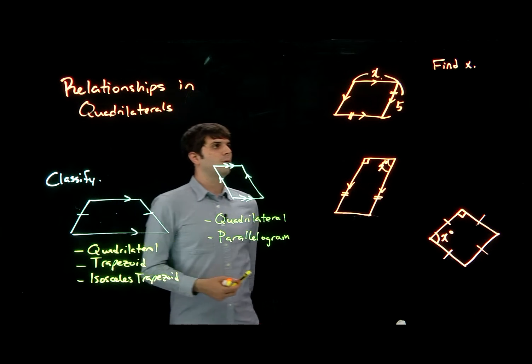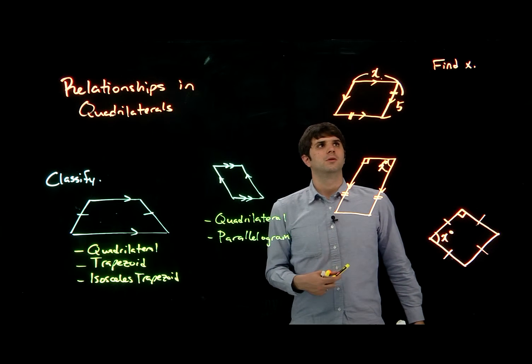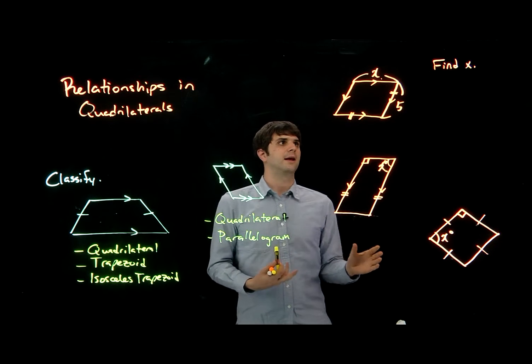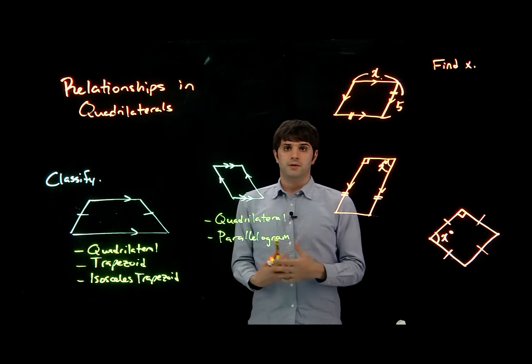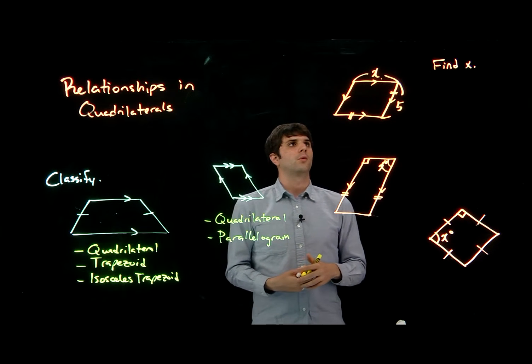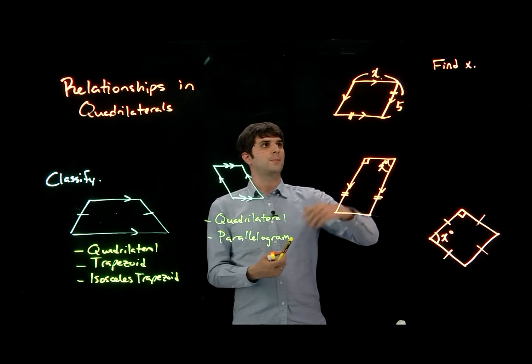Okay, here we want to find x. So we have to step back and say, how do we know that x is what it is? First of all, we know this is a parallelogram.